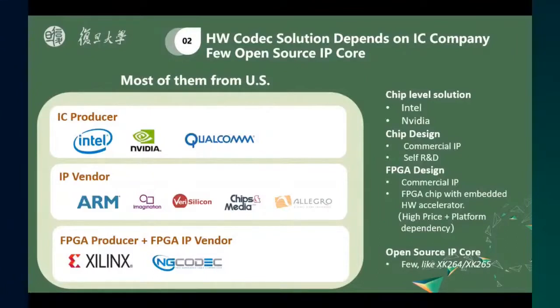For chip designs, you need to buy the commercial IP from IP vendors. These IP vendors can be ARM, Imagination, or Chips&Media. And in China, there is only one IP vendor, Verisilicon. Otherwise, you need to do the R&D by yourself.